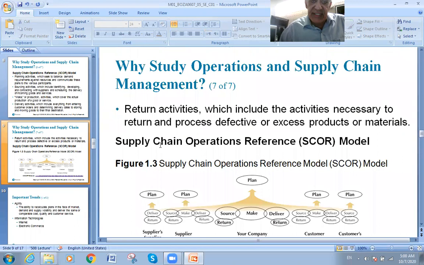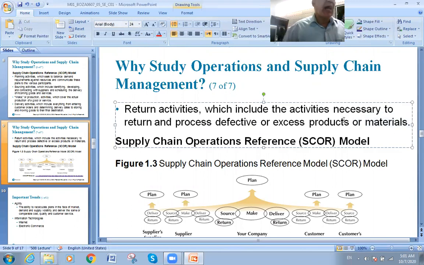Return activities include the activities necessary to return and process defective or excess products or materials. Things that are waste, like recycling, or some materials you have to reproduce, or things with defects.